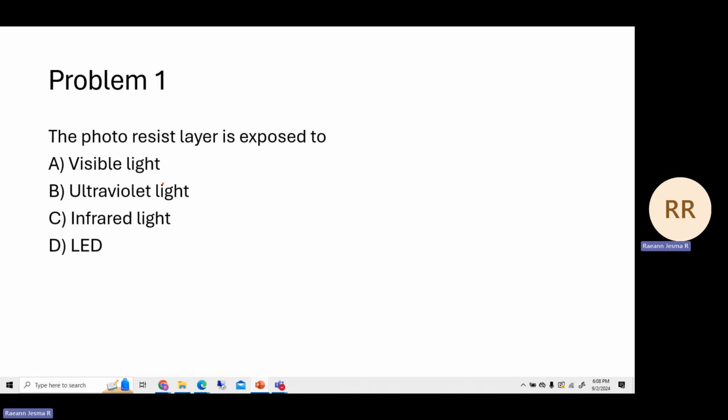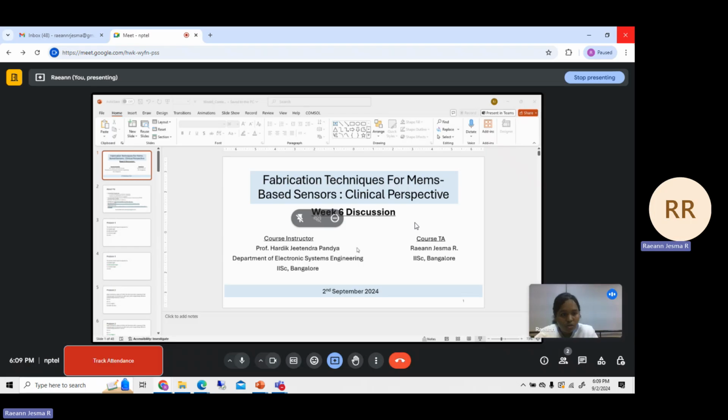Okay, so problem 1 is related to lithography. The photoresist layer is exposed to: A, visible light; B, ultraviolet light; C, infrared light; and D, LED. So which light do you think the photoresist layer is exposed to?